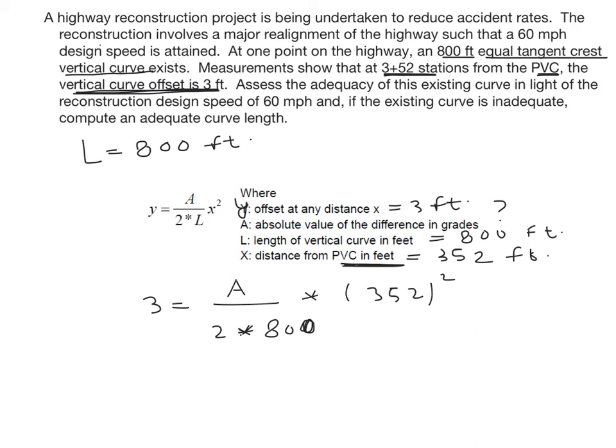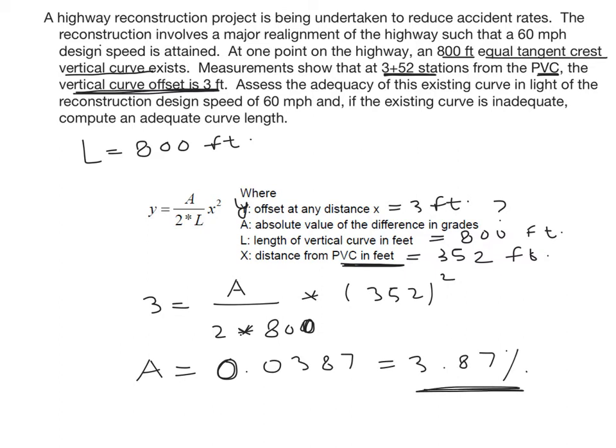And I can solve this equation for capital A. So if I were to solve this equation for capital A, what I'll get is 0.0387, or I can say 3.87%. That means my capital A value is 3.87%.